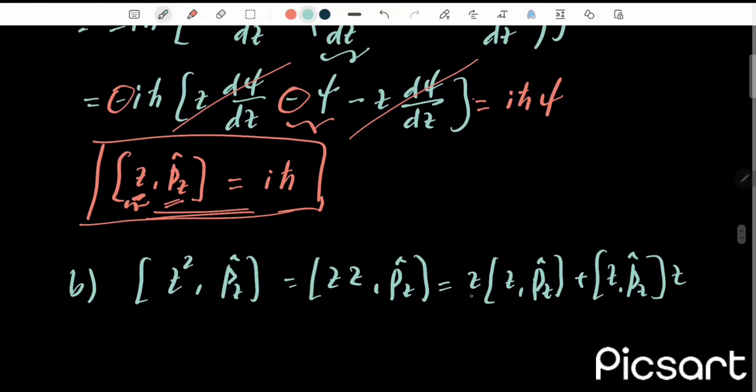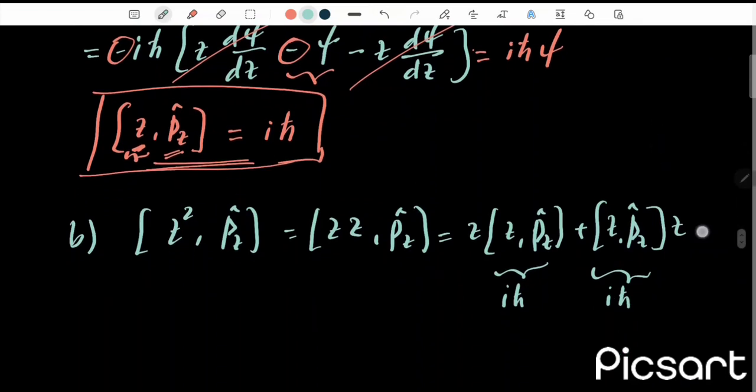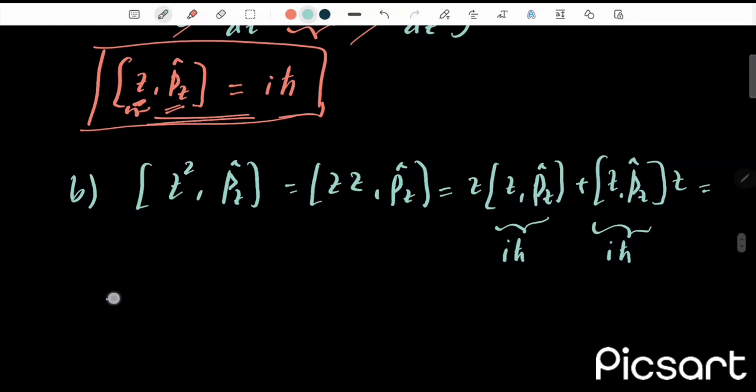And now we know that this is actually i times h bar, and here also it is i h bar. Then we have as the solution for this exercise i h bar z plus i h bar z, which is equal to 2 times i h bar z.